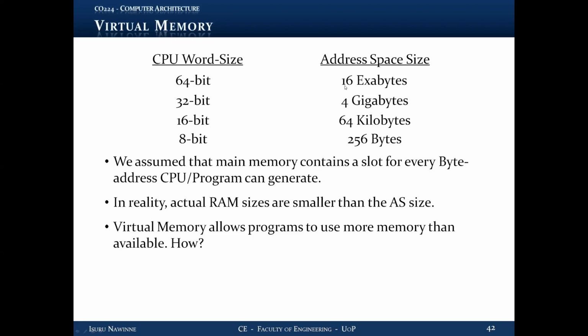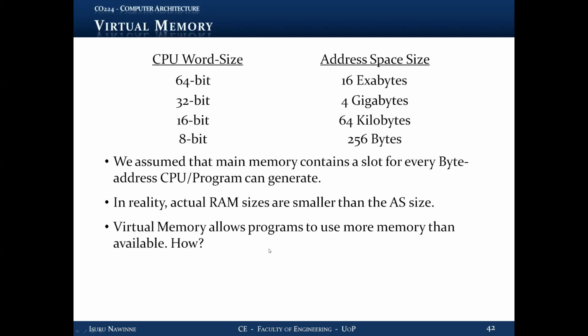Real memory in a normal computer is maybe 8 or 16 gigabytes, which is roughly the number we see these days. But a 64-bit CPU in theory can access 16 exabytes of memory, and virtual memory allows the CPU to do that.